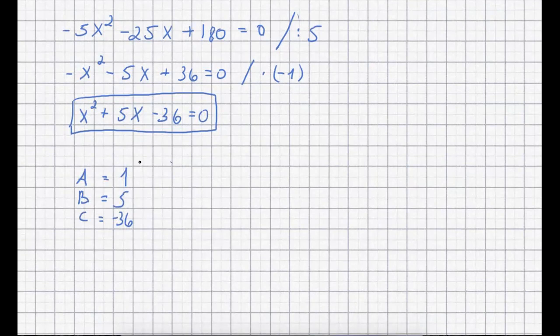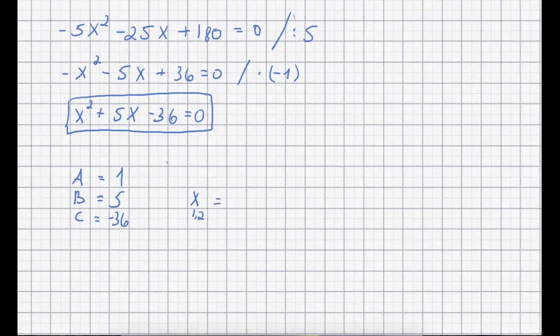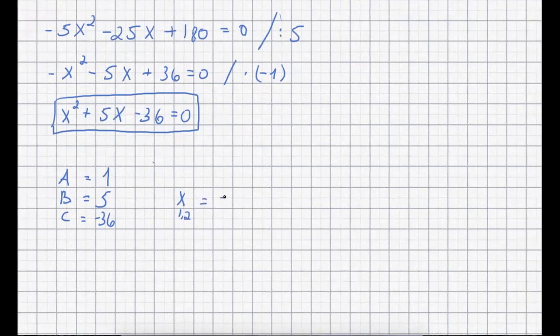So now we start the quadratic formula. So we do x1,2 equals minus 5, in brackets. Yeah, perfect. Thank you very much.